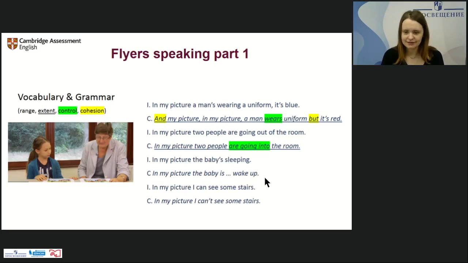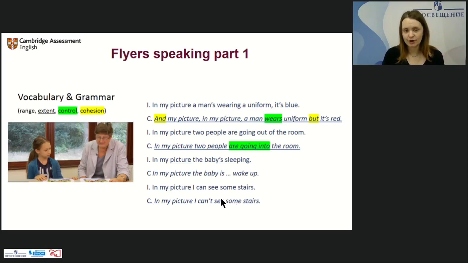So anything else that you can see for extent, control, or cohesion? So she gives quite long answers. That's going to be extent. "In my picture, I can't see. In my picture, I can see." So not a one-word answer.